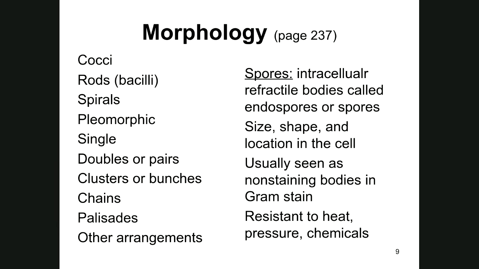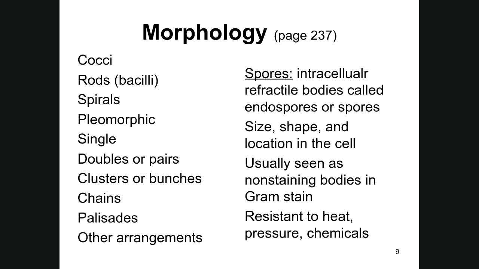And then you have spirals, and most spirals are really bad bacteria, okay? You have some that are pleomorphic. They take a variety of shapes. They're kind of cocci. They're kind of a rod. They're pleomorphic, okay? You then can have singles of these. You might have a single cocci, or you might have a double, diplococci, D-I-P-L-O, diplococci, or pairs, or you have a cluster, and we say it looks like a bunch of grapes because it's cocci together, looking like a bunch of grapes, or they might be a chain.